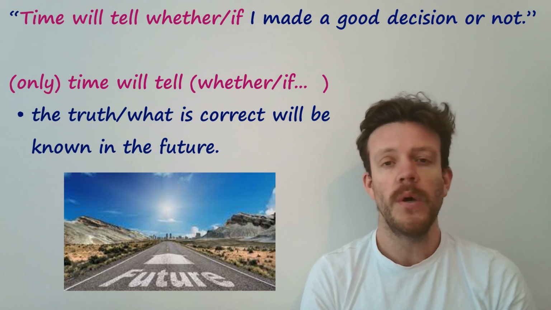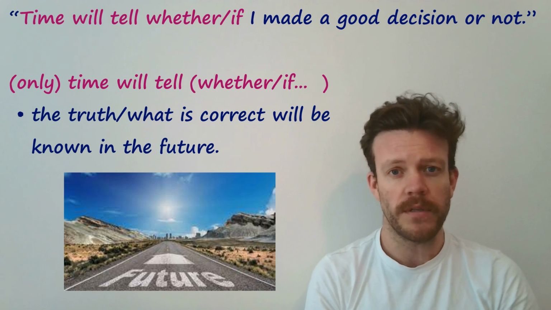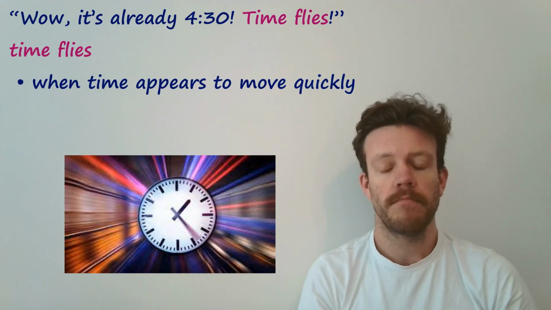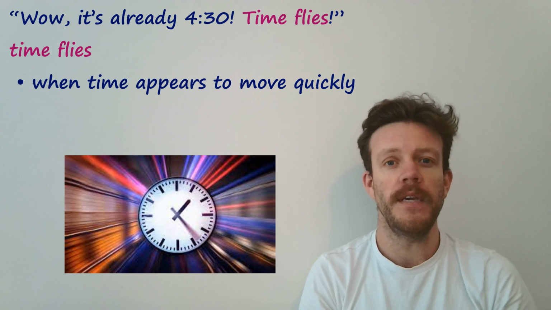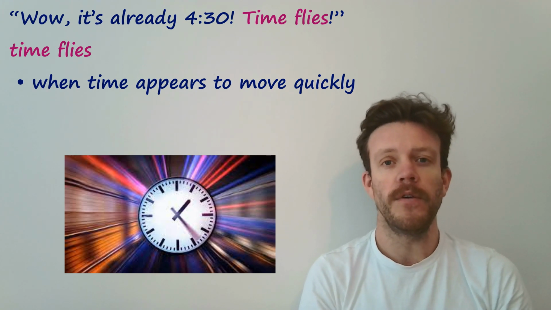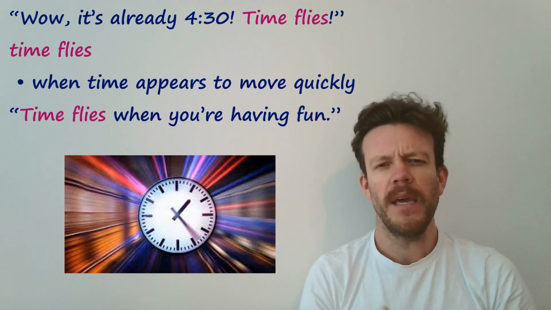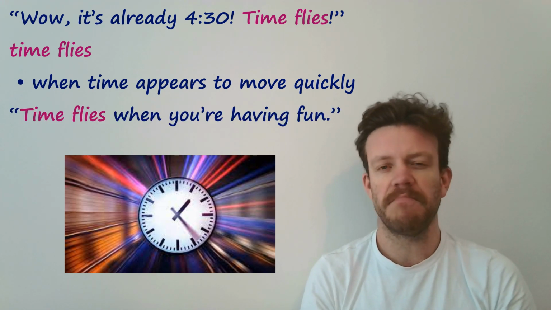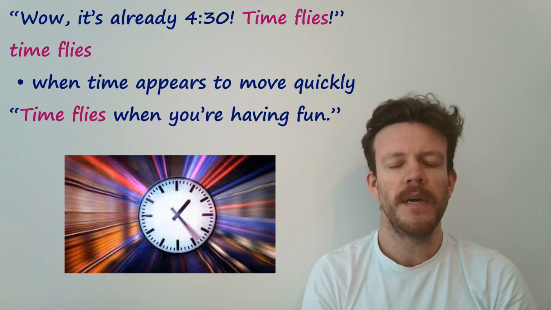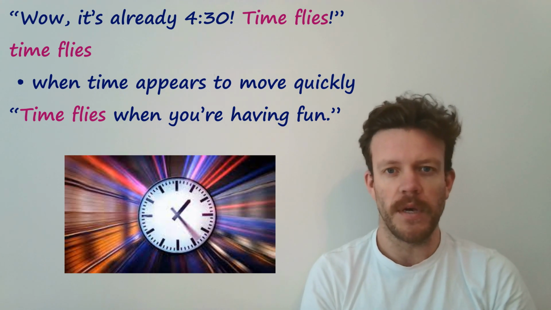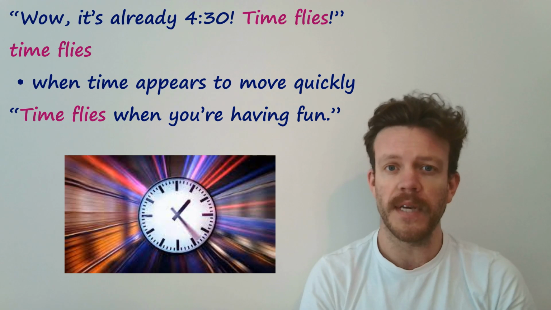Time will tell whether I made the right decision or not. And then finally, wow, it's already 4:30, time flies, you use when time appears to move very quickly. Again, you could say something like, time flies when you're having fun, but generally I would just use it on its own, like the example sentence.